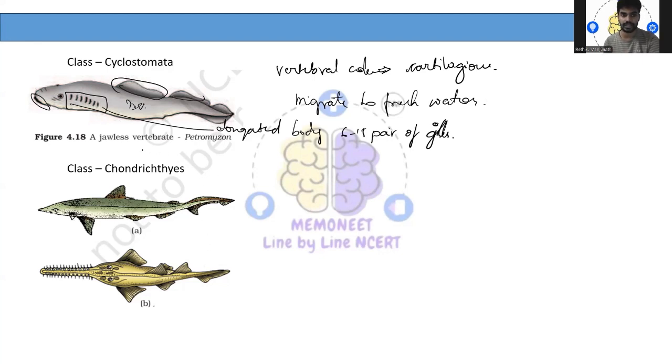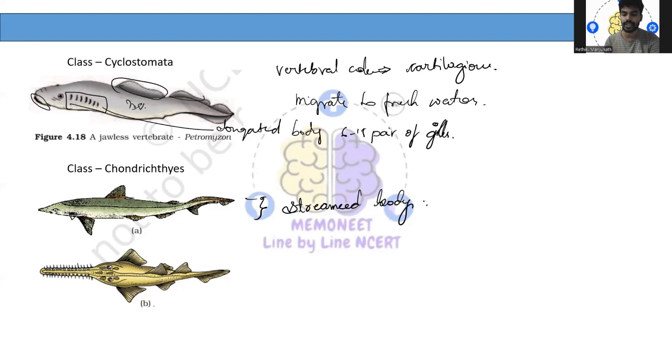Okay, the next class we have is chondrichthyes. Here in this class, as you can see, the structure in two figures or diagrams. In these organisms, you will see that the body has a streamlined structure.